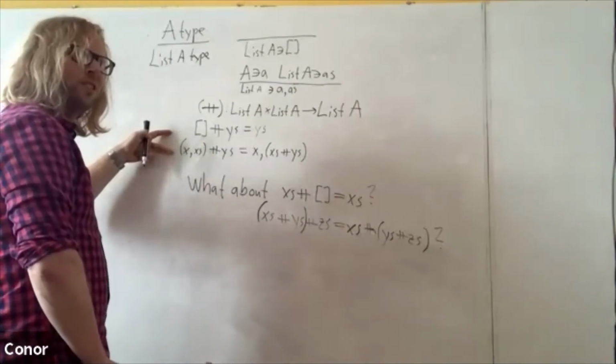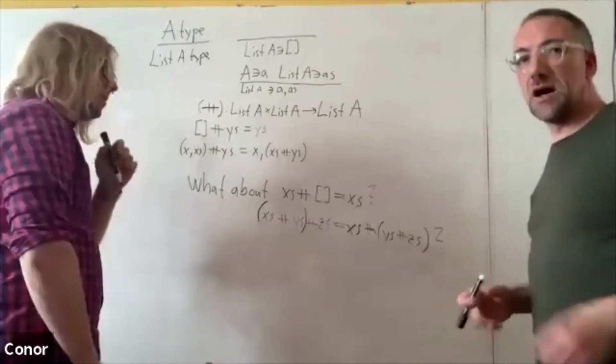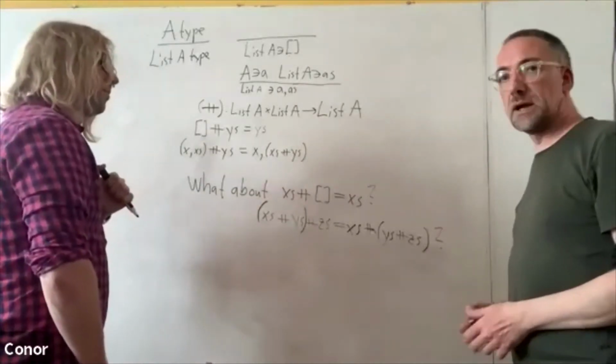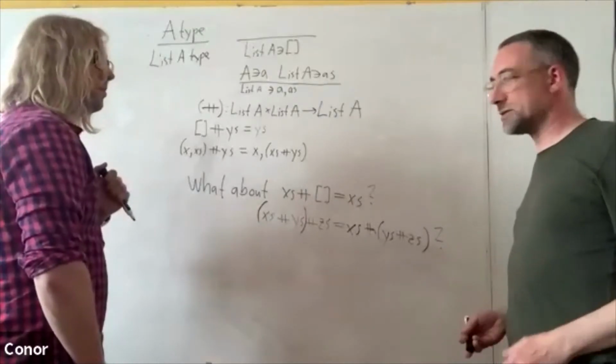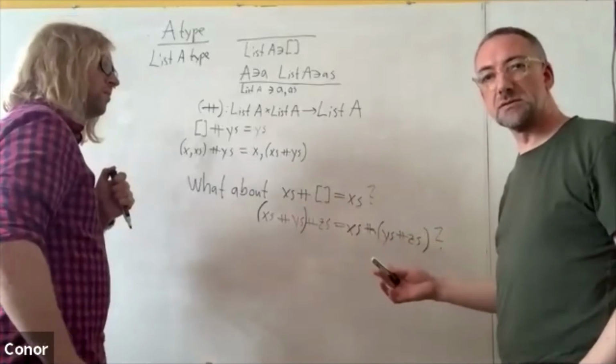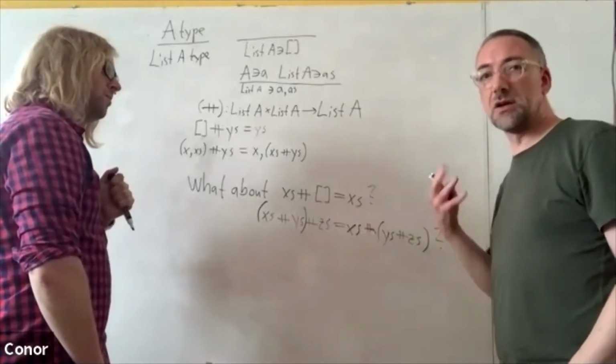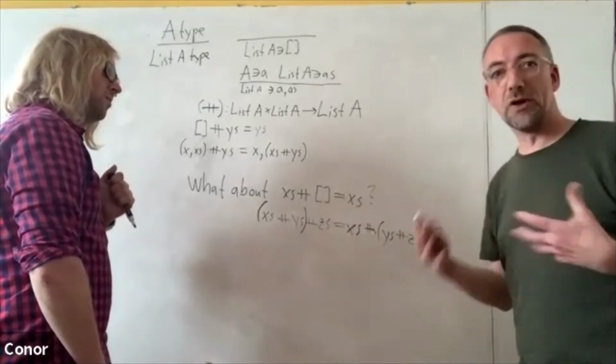You want to say something, Connor? Yeah, I was just going to say that we spent a lot of time working in proof assistants where these equations aren't obvious. Where they are provable, but it's not obvious when to deploy those proofs.